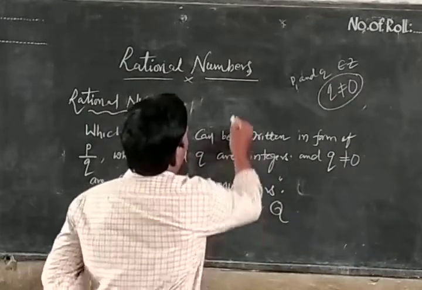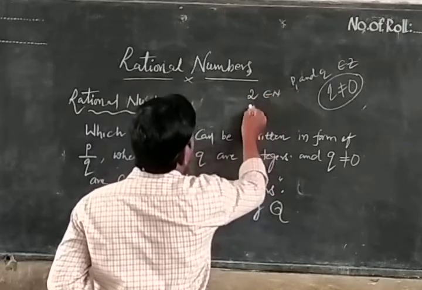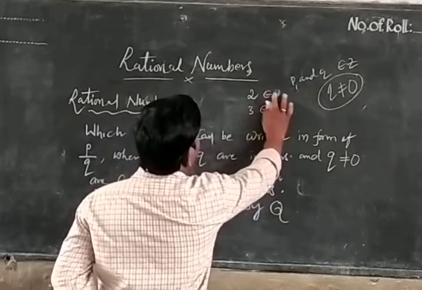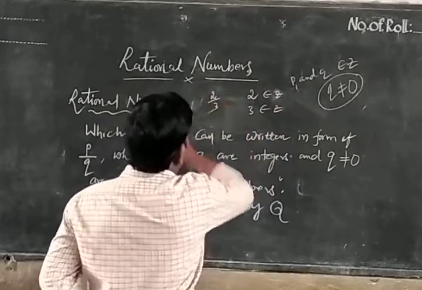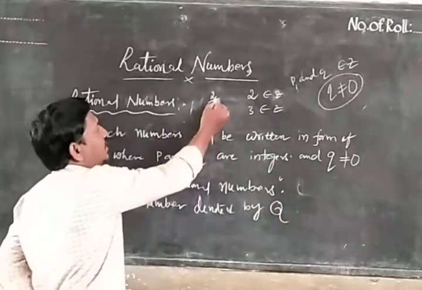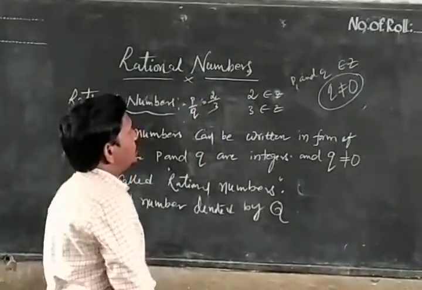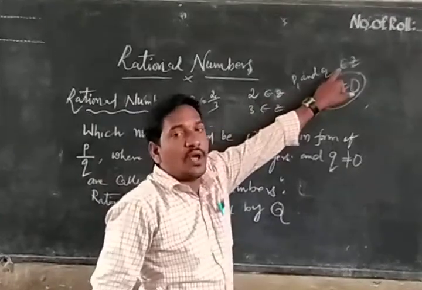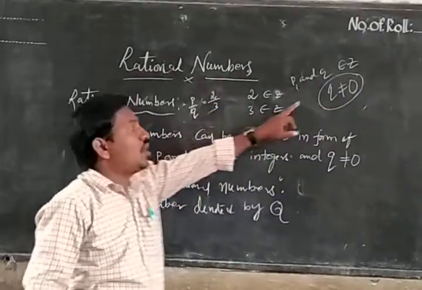For example, 2 belongs to Z, 3 belongs to Z. So 2 by 3 is in the form of P by Q. So P and Q belong to Z. 2 and 3 belong to Z. Here Q not equal to 0.